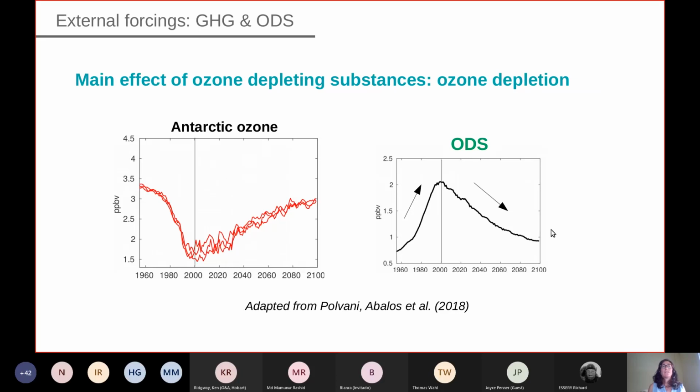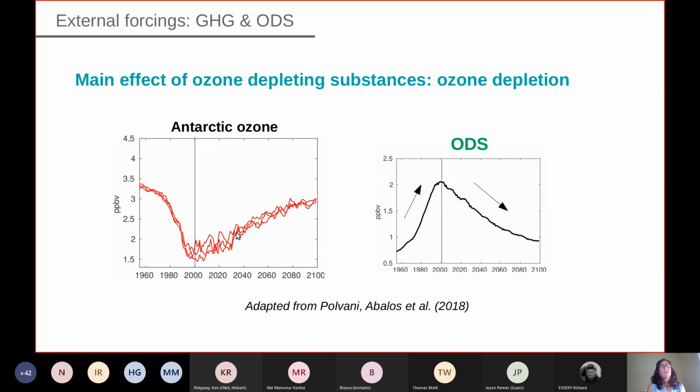And of course, the main effect of these ozone depleting substances is to deplete ozone, and in particular the ozone layer, and to create what we know as the ozone hole in the Antarctic. So here are the ozone concentrations in October in this region, in the Antarctic stratosphere, and you can see the rapid decline in ozone coinciding with the increase in ODSs.